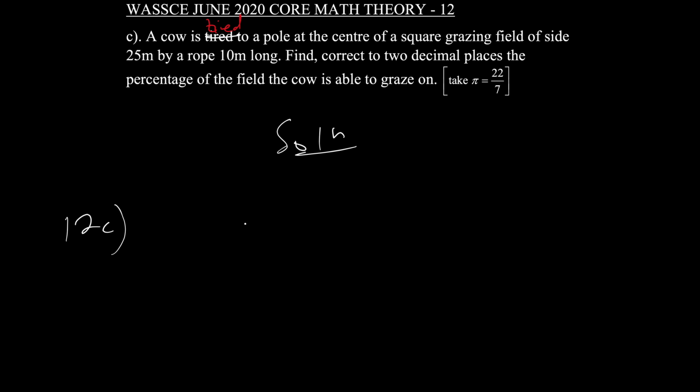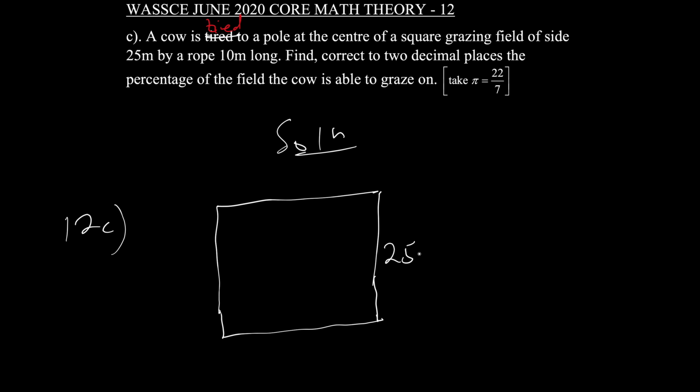So we have a square grazing field of side 25 meters. If this is our field and it's a square, so if this side is 25 meters, this side will also be 25 meters.